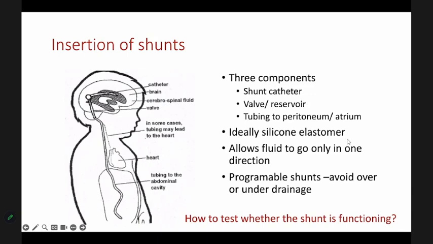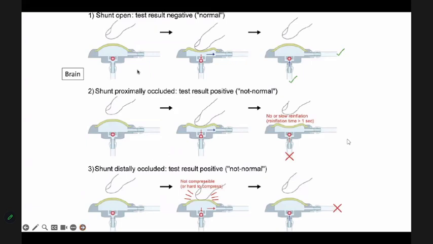You may appreciate that from externally, you can feel this valve. It's like a bulb. You can feel it outside, and the bulb is compressible. Let me show you. This is what is normal. The bulb is palpable. When there is a shunt, you first try to see where the valve is situated, then you exert pressure on the valve.